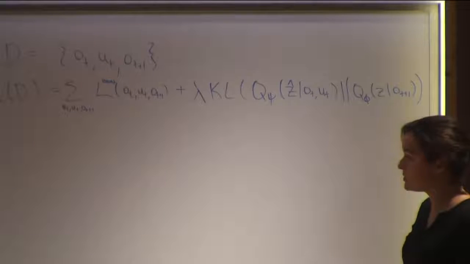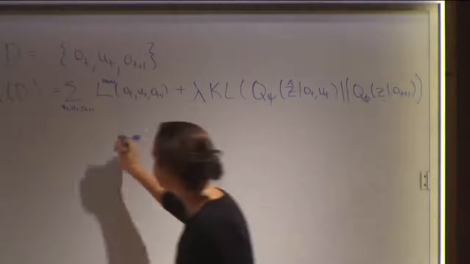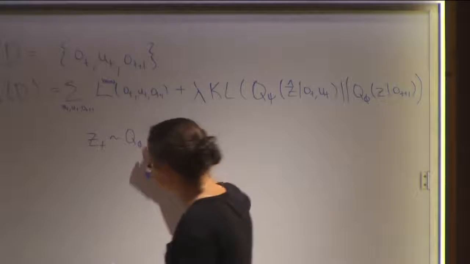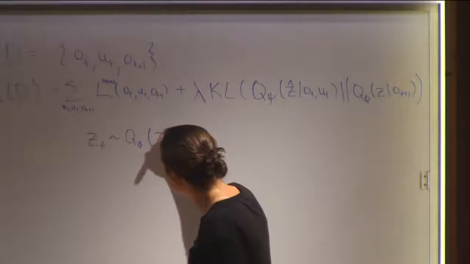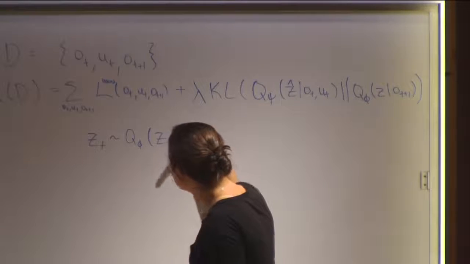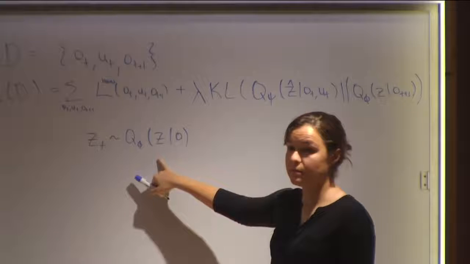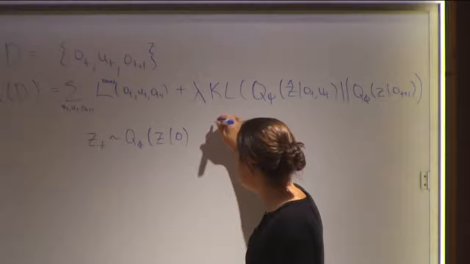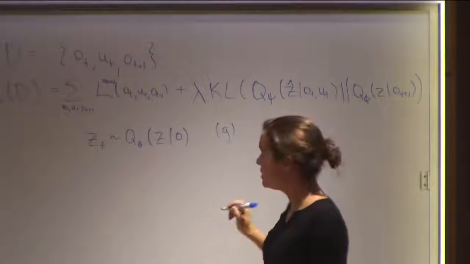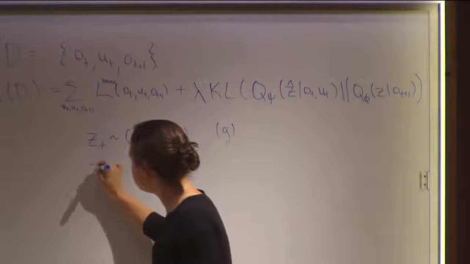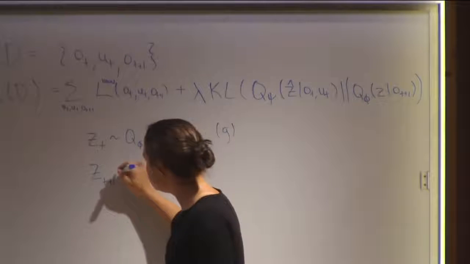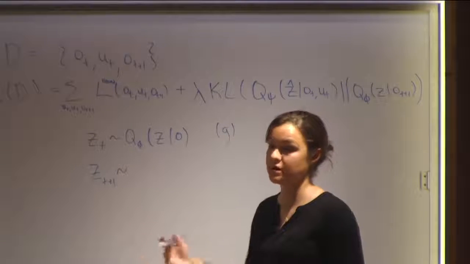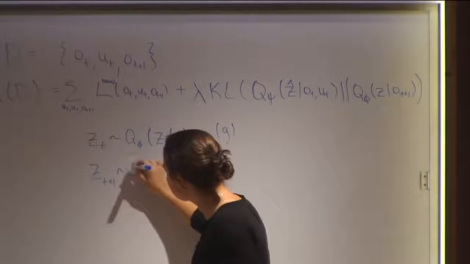And so there are 3 parts of the network. The first one is parameterized by phi, and it maps from the observation to your embedding. So this is just your encoder. This is what I denoted with G earlier. The second one is the model. So this is z_{t+1}. And I'm using these to denote the stochasticity, so that each of these is going to be a stochastic network with probability distributions.